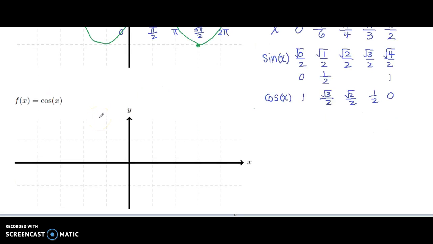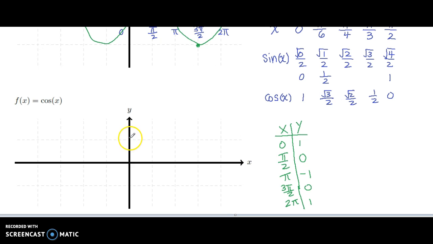Similarly, we can do that for the cosine function. Again, we need the 5-point summary. So when x equals 0, pi over 2, pi, 3 pi over 2, and 2 pi, what are the values for y? Using a calculator, you get 1, 0, -1, 0, and 1.